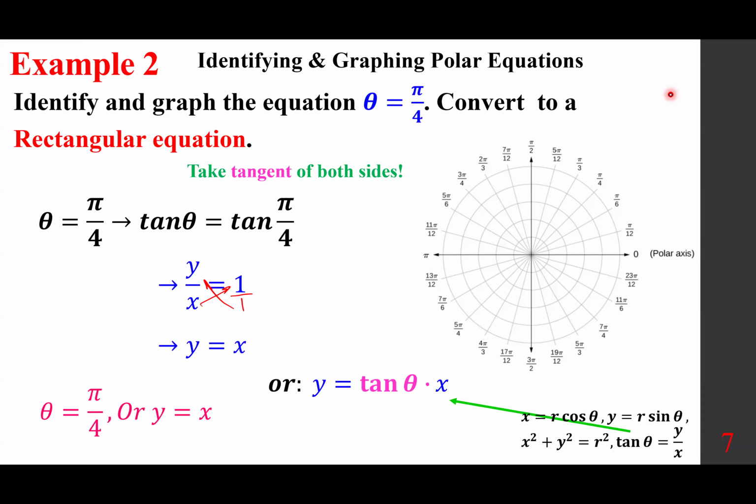So at pi over 4, you draw a line that goes through the origin. Any line through the origin has this type of equation, y equals tan theta times x.